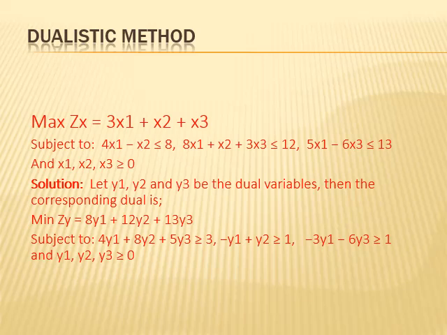And the second constraint will be negative y1 plus y2 more or equal 1. This constraint contains two variables because there is no x2 in the third constraint.